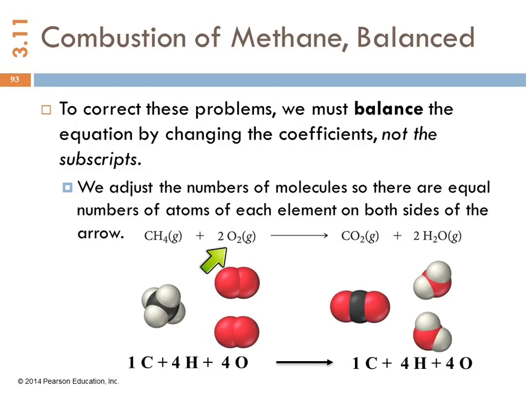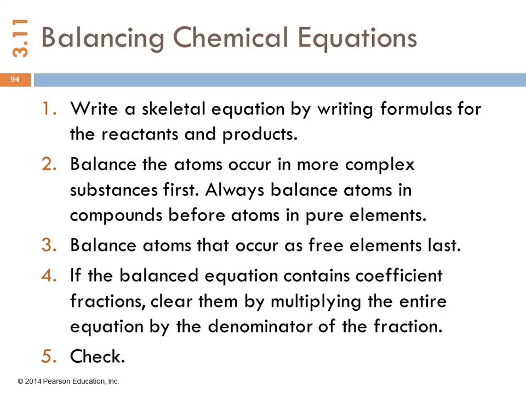When we balance this, we want to leave oxygen for the end, because when we change the coefficient on oxygen, all we affect is the number of oxygens. When we put a coefficient on CH4, we change carbons and hydrogens. And so do all the compounds first and leave the elements for last, generally easier. So that's kind of number 3. Leave the free elements last, if there are any.